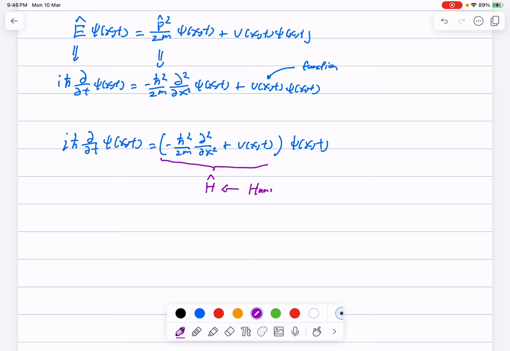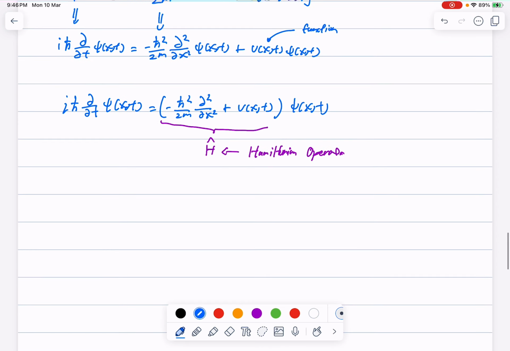This is the Hamiltonian. So Schrödinger's equation in operator form can be written as E hat psi(x,t) equals the Hamiltonian applied to the wave function psi(x,t), and there we go. There is Schrödinger's equation in all its glory.